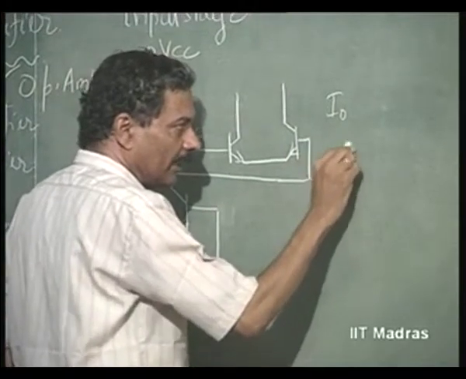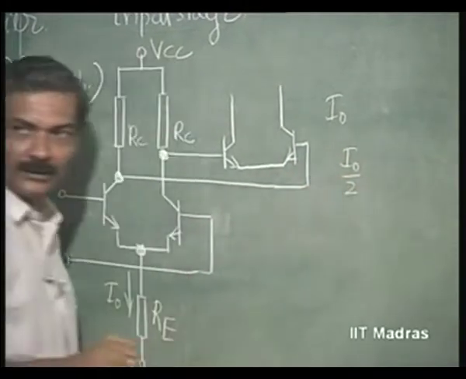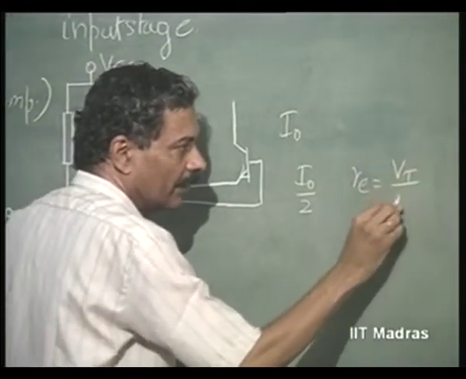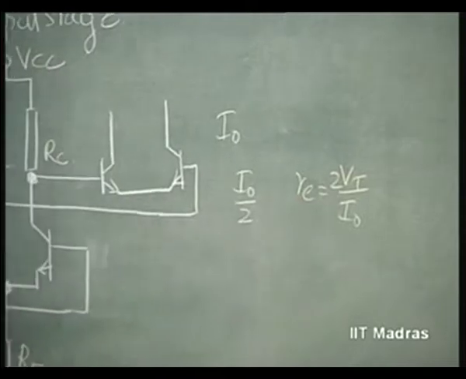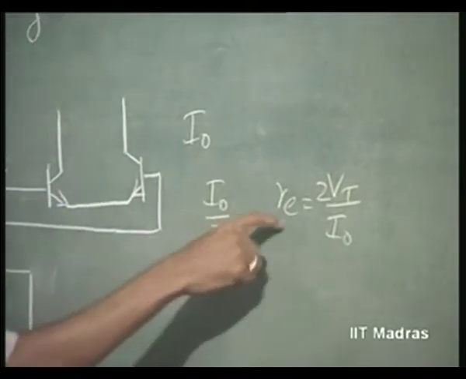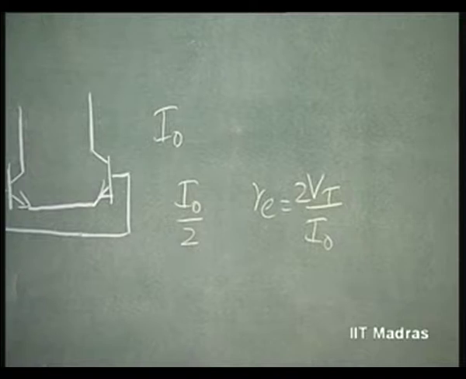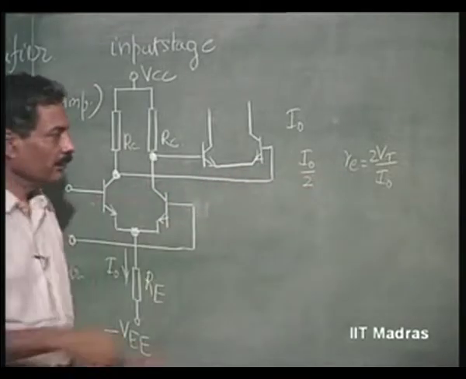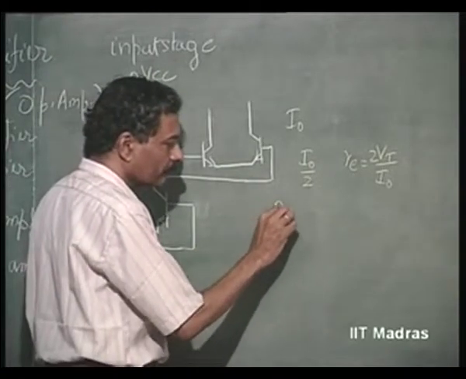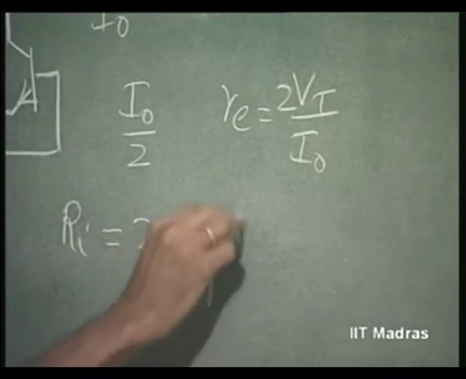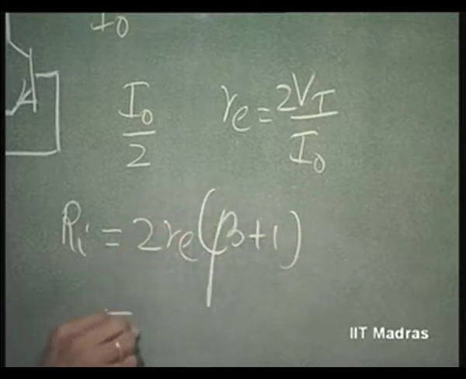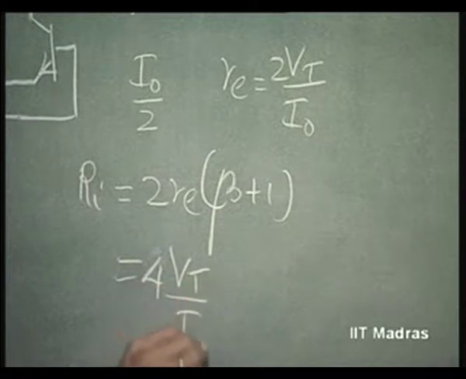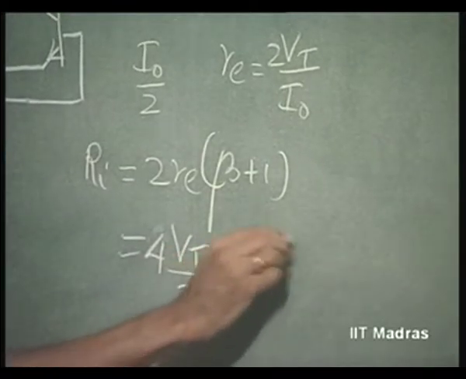Because of I naught, the operating current is I naught by 2 for the transistors, and the Re of the transistors will be Vt divided by I naught by 2. So the Re of these transistors are inversely proportional to I naught, and therefore input resistance, which is twice Re into beta plus 1, is going to be 4 times Vt by I naught into beta plus 1.